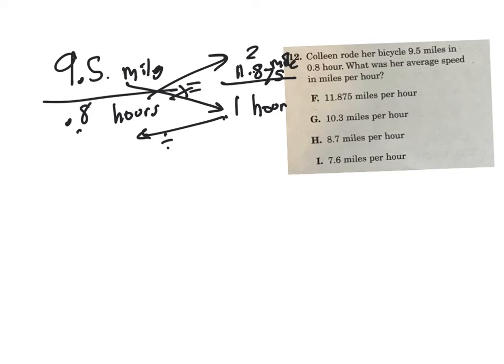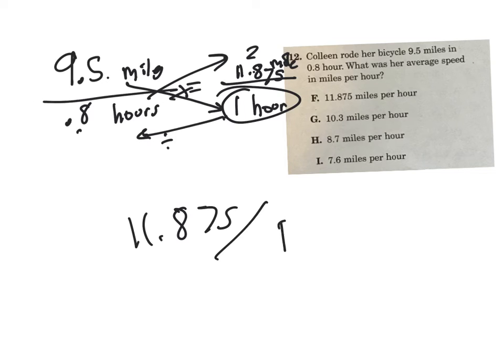So my average speed was 11.875 miles per hour in 1 hour. Per hour. 11.875 per hour. And that looks like it's F. There we have it.